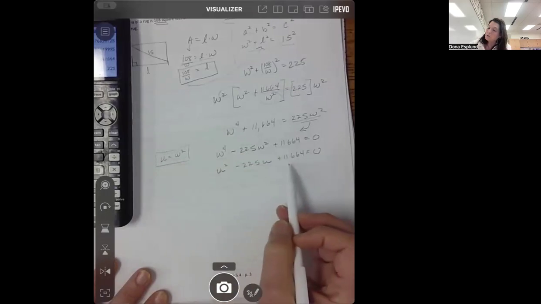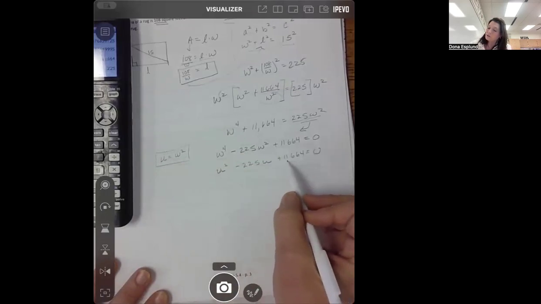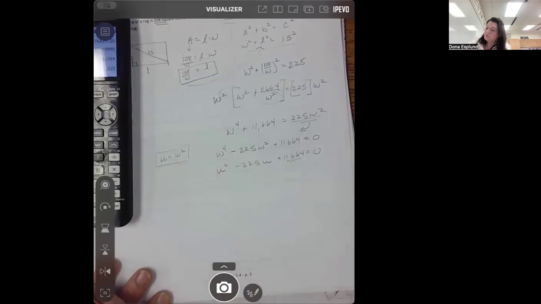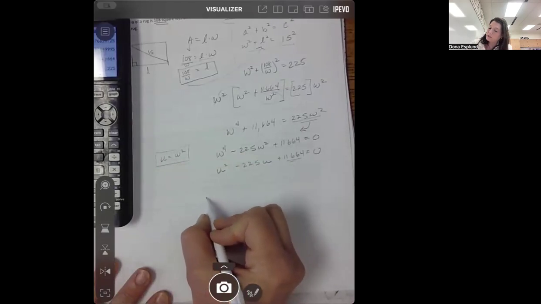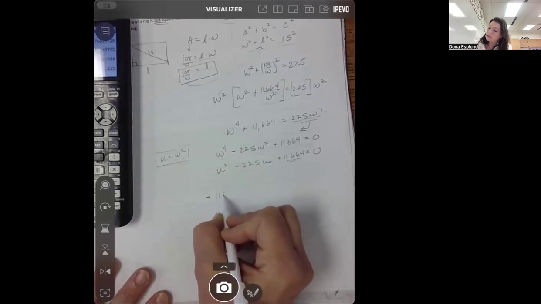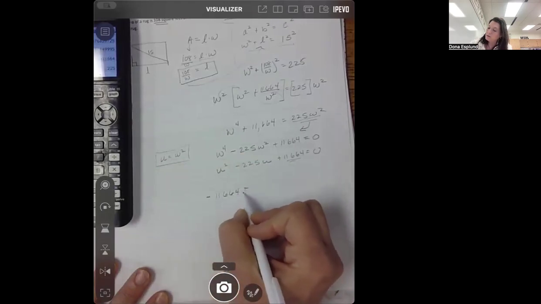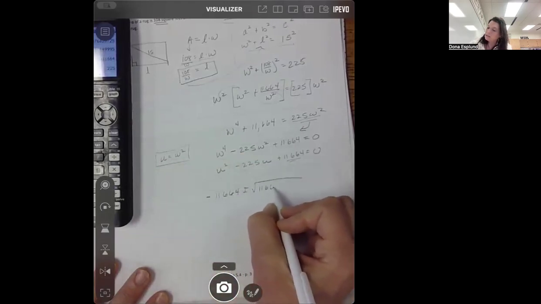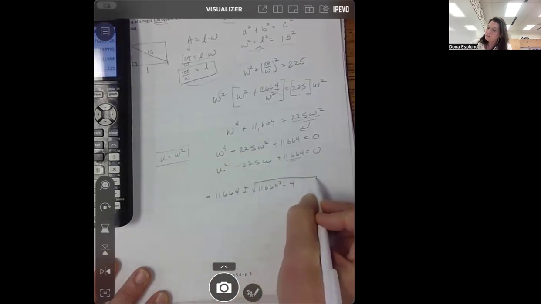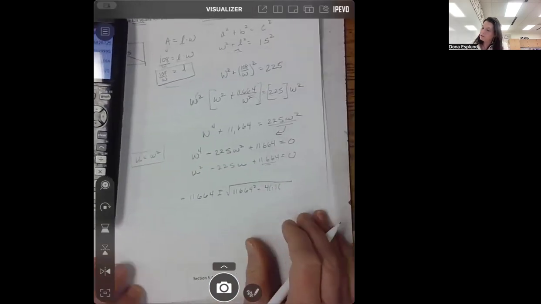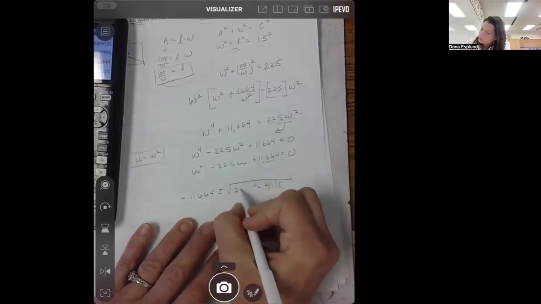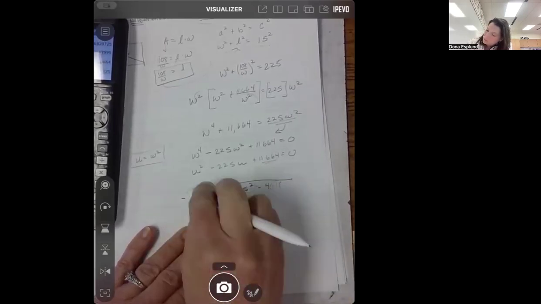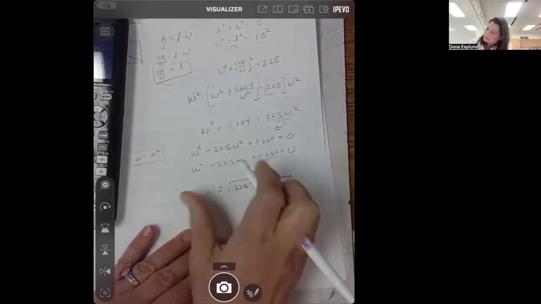So in this case, I could look for factors of 11,664 that add up to the 225, or I could go ahead and jump into my quadratic formula. So I'm going to go negative B... whoops, that's B. Hold it, cross out. 225 is my B. So this is a minus B, plus or minus... goodness gracious.